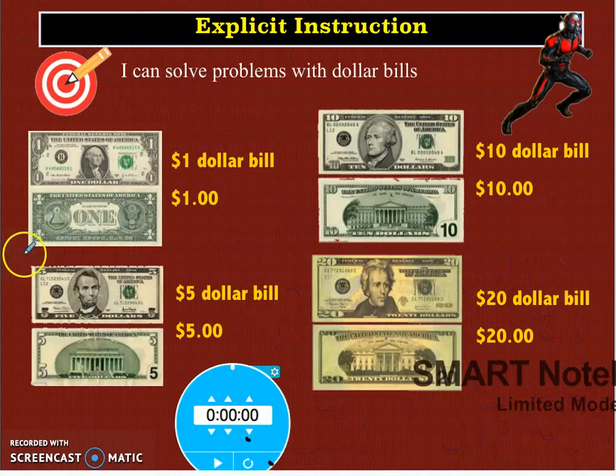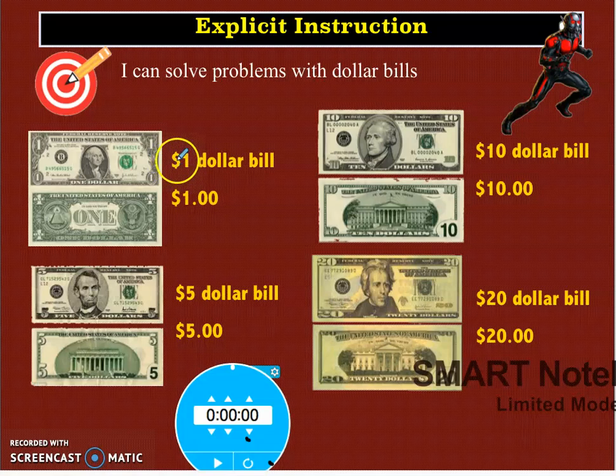So remember, our learning target says, I can solve problems with dollar bills. These are all different types of dollar bills, all different types of bills. We have a $1 bill, which is worth $1. And you see this symbol in front of the dollar? That is a dollar sign. That is one of our vocabulary words.